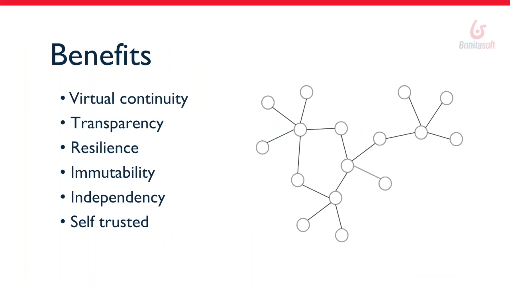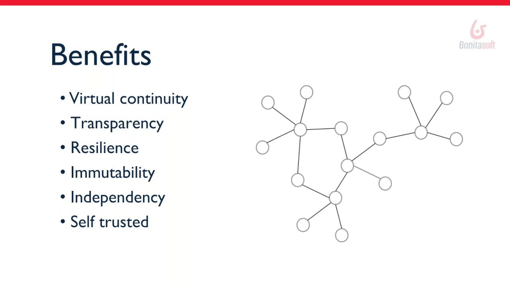So as you already understand, probably, we are talking about a decentralized network. Some people make the analogy of a decentralized database to describe the blockchain network. And with that come certain benefits.